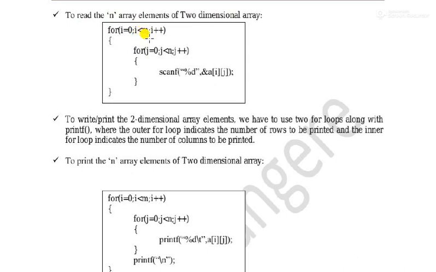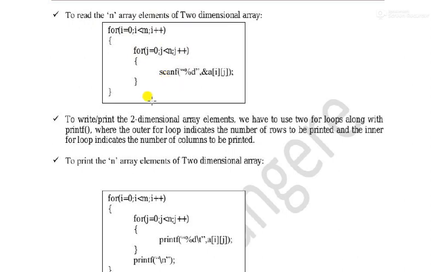And then inside that, for j is equal to 0, j less than n, j plus plus. scanf("%d", &a[i][j]). I is for row initialization and j is for column initialization. I represents rows and j represents columns. So you have to use nested loops for reading two-dimensional array values by using scanf.